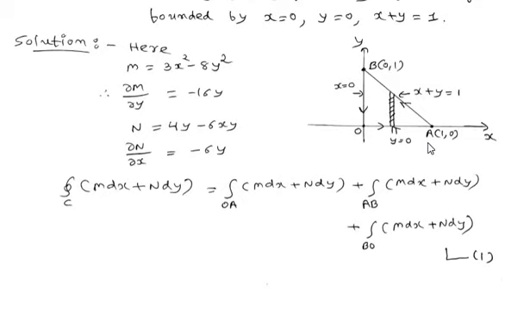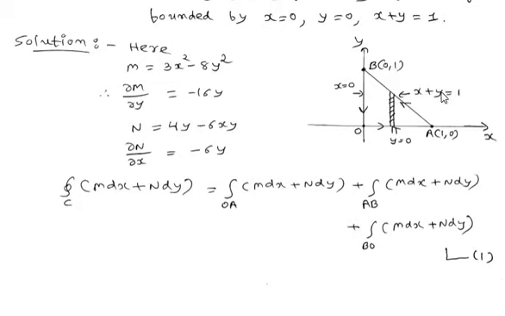And for the inner limit you have to draw a vertical strip like this. This vertical strip touches the bottom at y equals 0, and its top touches the line x plus y equals 1.